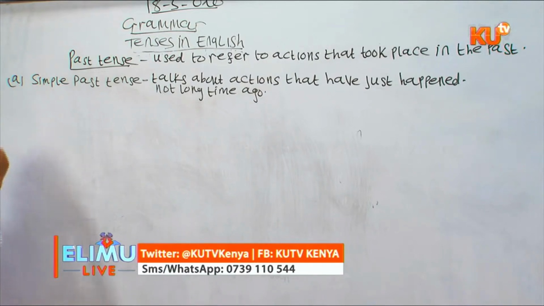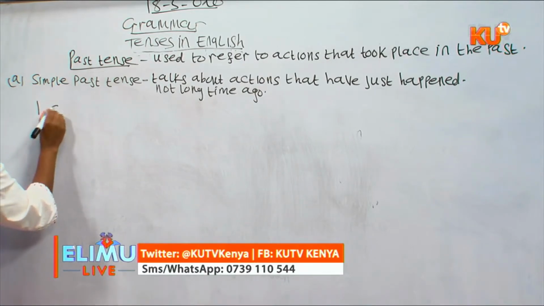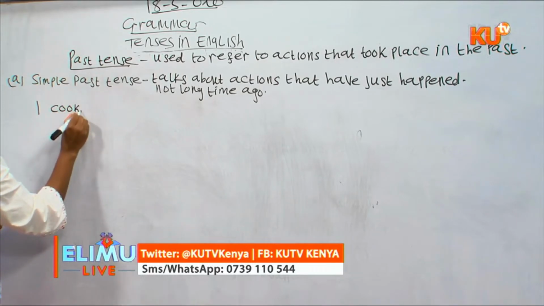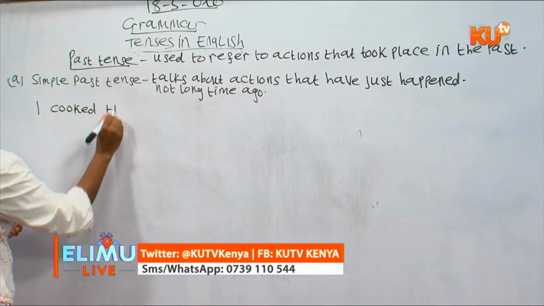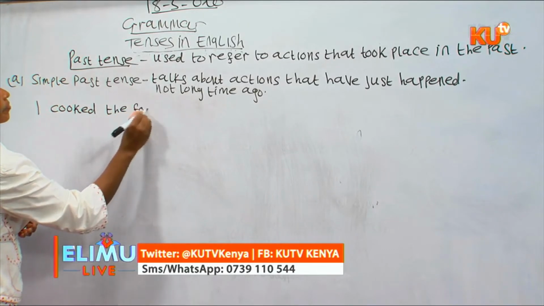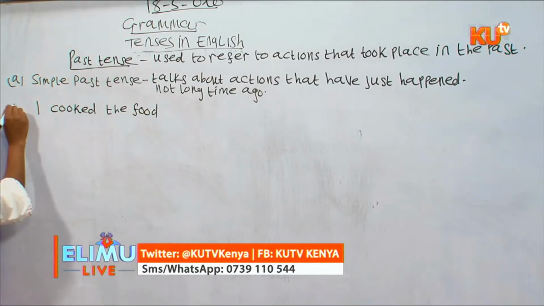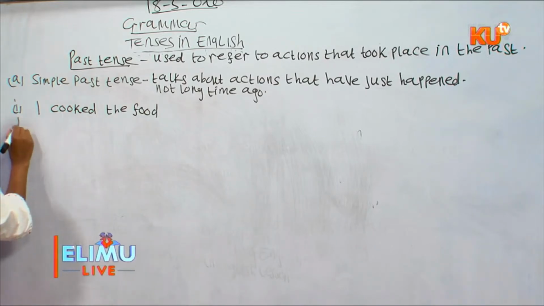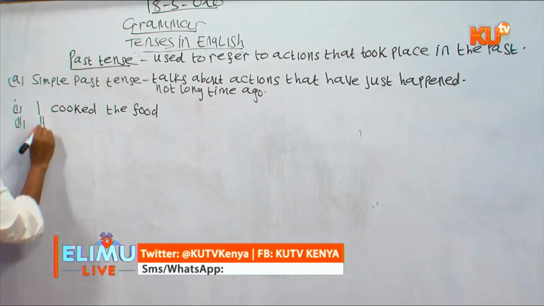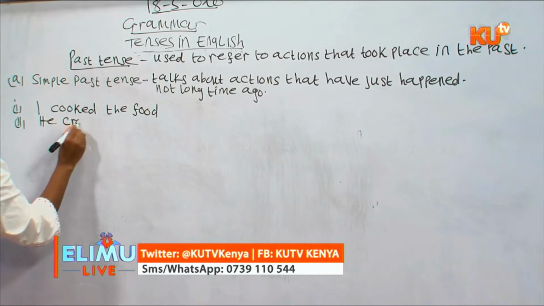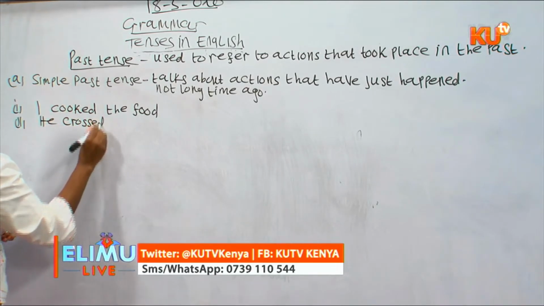For example, I cooked the food. That is example number 1. I can also have another example and say, he crossed the road.